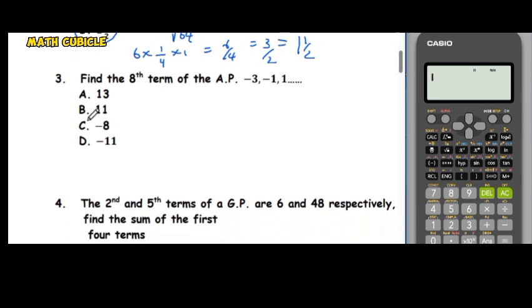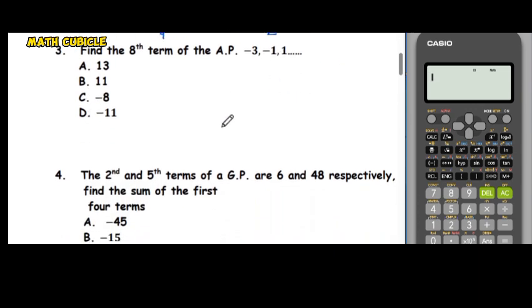Number 3, find the 8th term of the AP. The nth term of an AP is given by the formula Tn is equal to A plus n minus 1 D, where A is the first term, D is the common difference. Our first term here is minus 3. Our common difference is the second term minus the first term.